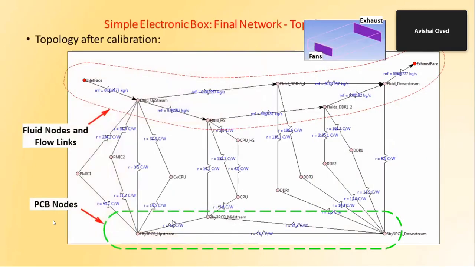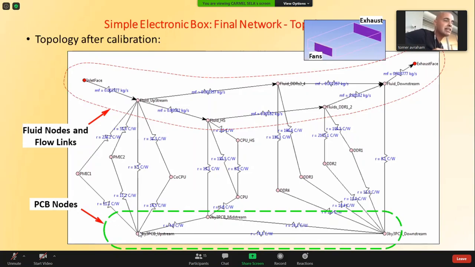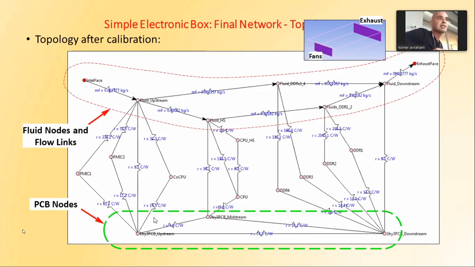I mean, you can turn conduction into a network with the analogy of potential equals resistance times current, so delta T equals heat transfer Q times thermal resistor.